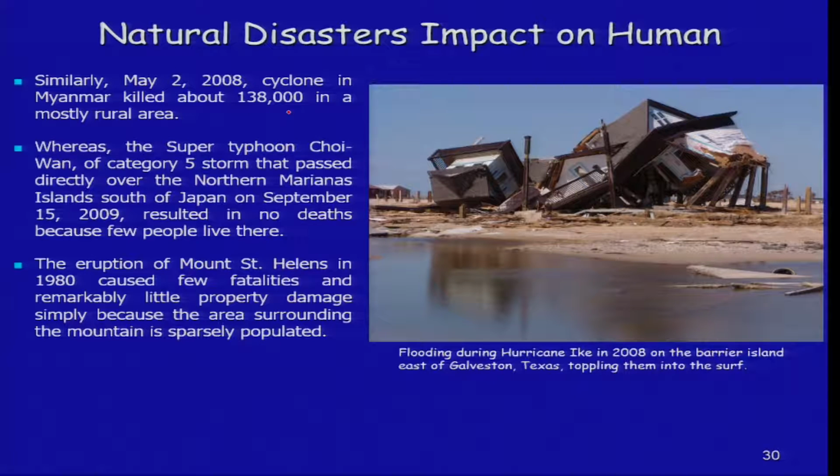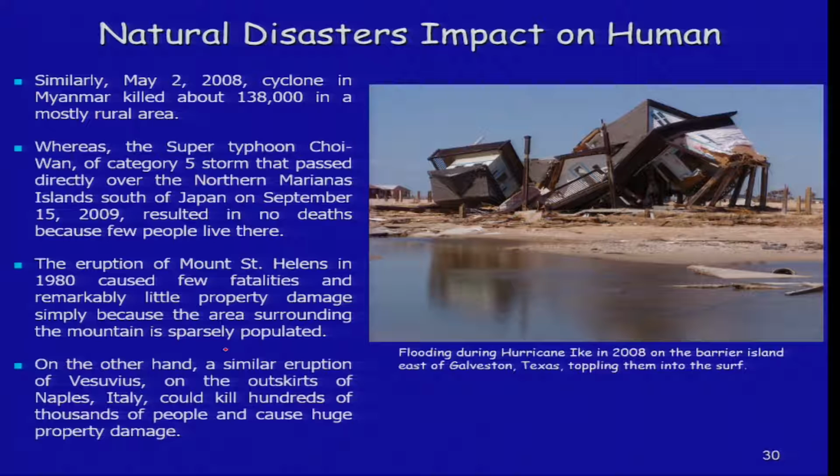Again, an example from the US: the volcanic eruption on Mount St. Helens in 1980 caused very few fatalities, because the population was very sparse in that area.